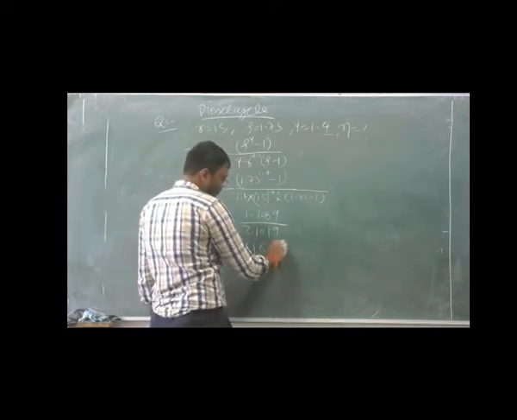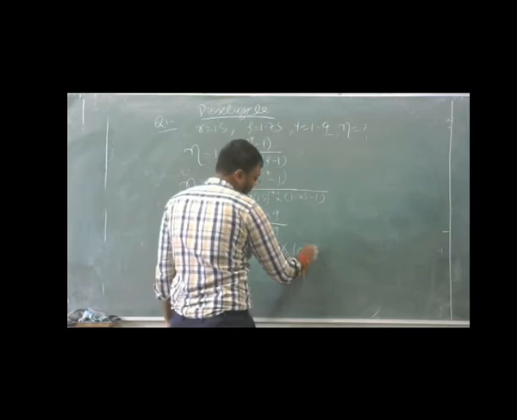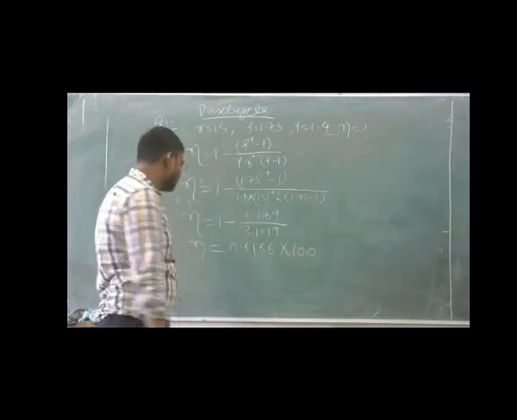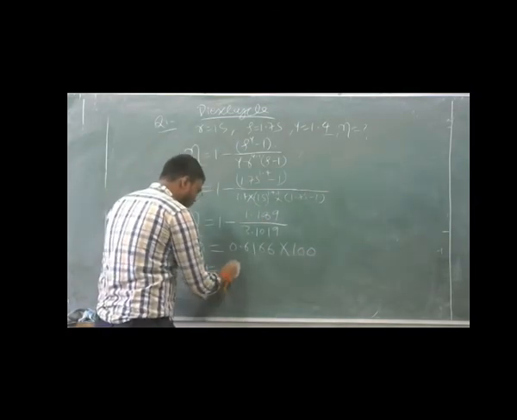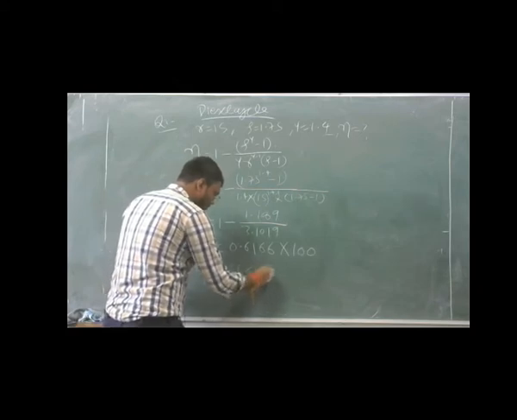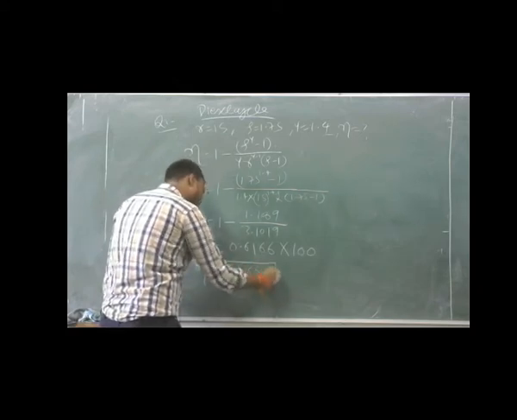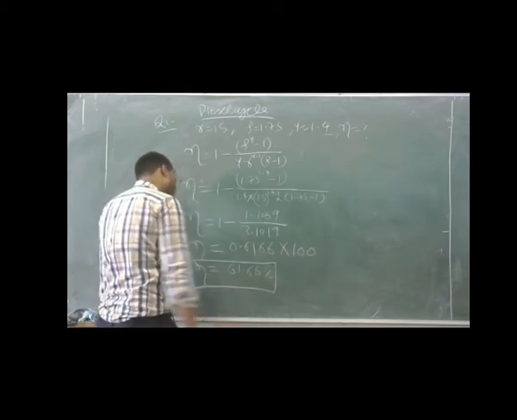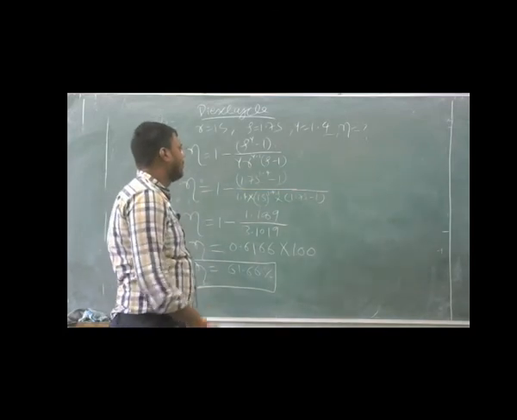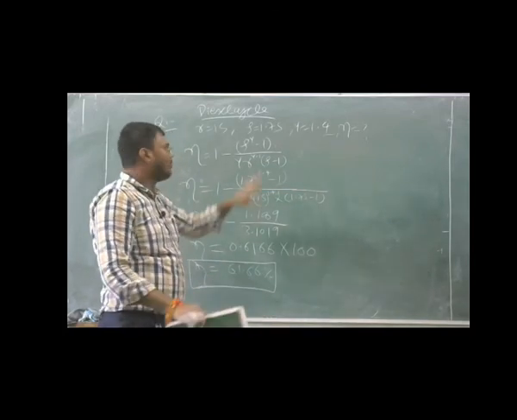Multiply by 100 because you have to convert it into percentage, so you will get eta equal to 61.66%. So this is a very easy question. You have to just put the values in the formula.